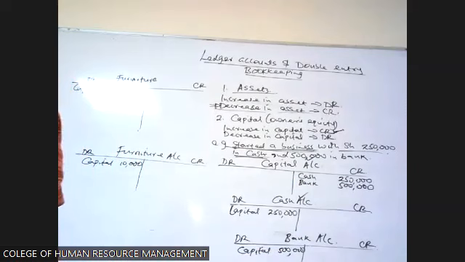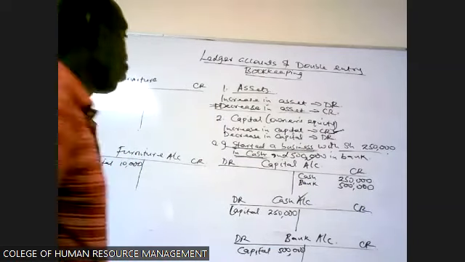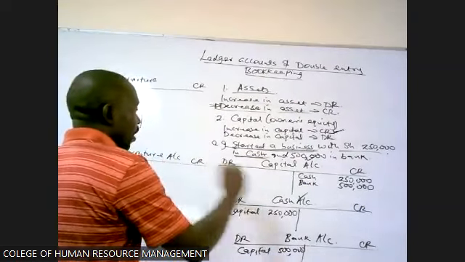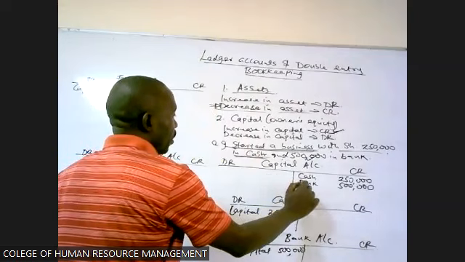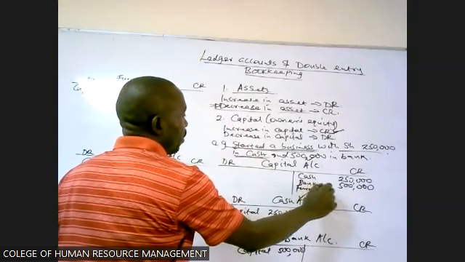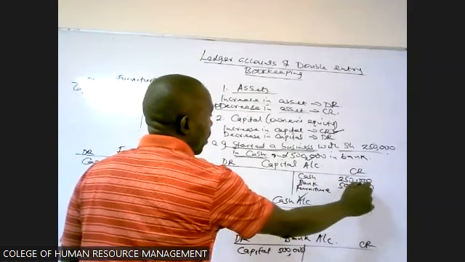Somebody to ask me a question? Come again? For this furniture account, what is the corresponding credit account? It is capital. If the owner brings in furniture, you will come here and you write here what? The furniture is increasing, you write here 10,000.